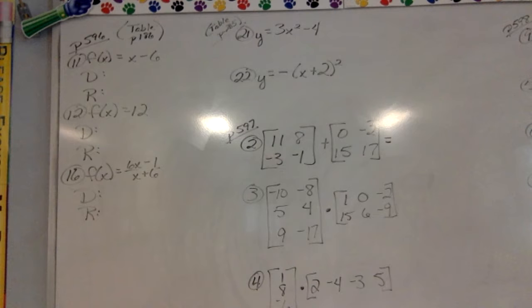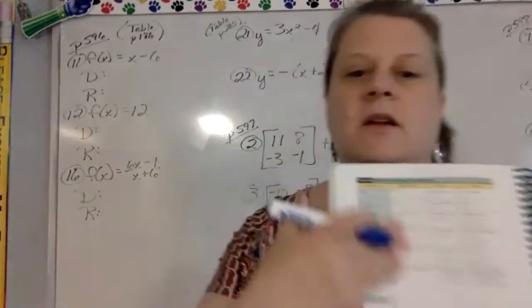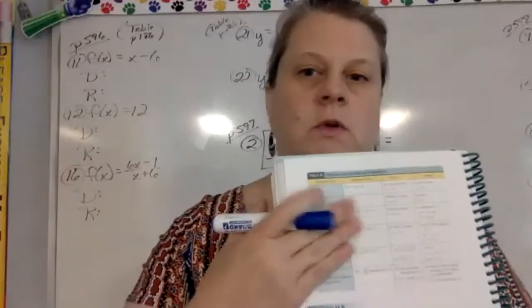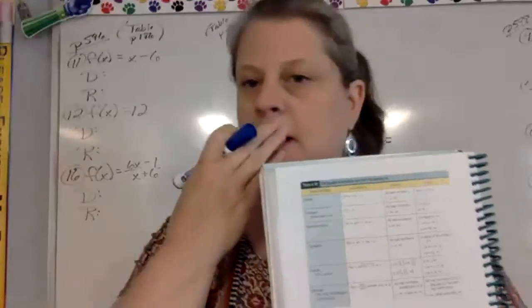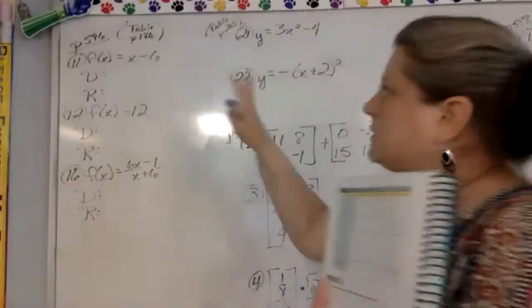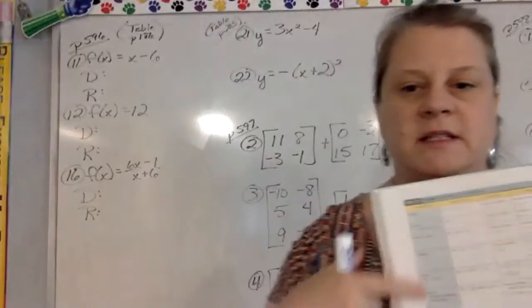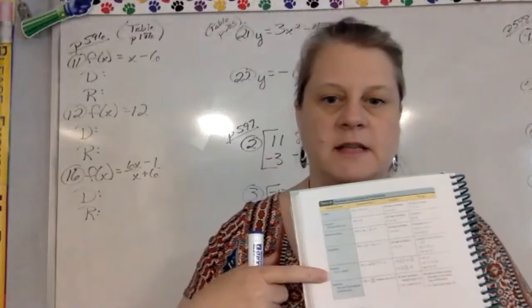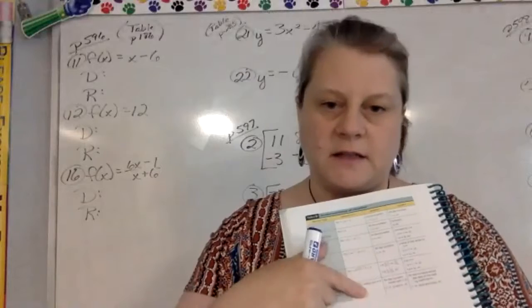Okay. We have a table on page 186 that has our domain and range rules for all of our different types of functions. So basically, you have to be able to look at the problem, figure out which one of these types of functions it is on the left-hand side, and then follow the guidelines it tells you for the domain and the range.